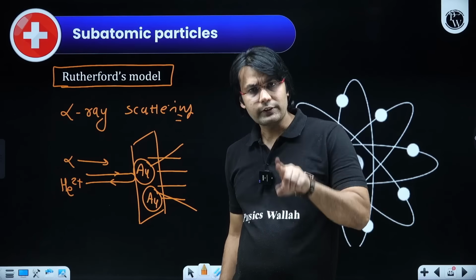Now if I read the second statement, the mass of the electron is 9.1 into 10 power minus 31 kg. I have told you in this session itself that mass of electron is 9.1 into 10 power minus 31 kilogram. So statement B is absolutely correct. Now if I read statement C, all the isotopes of a given element show same chemical properties.